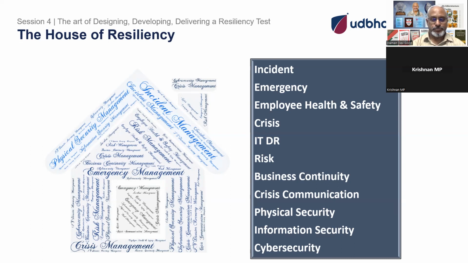But when we look at those 20 or 24 components, some are quite obvious, some are not so obvious. So to stay within our limits, my house of resiliency is made of those components which are obvious. Later on, we need to expand this to organizational resilience with the 20 plus components.